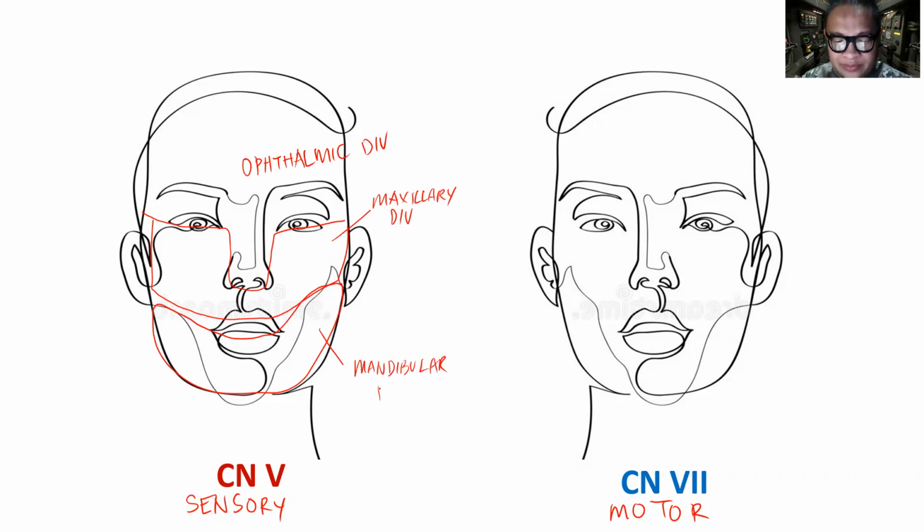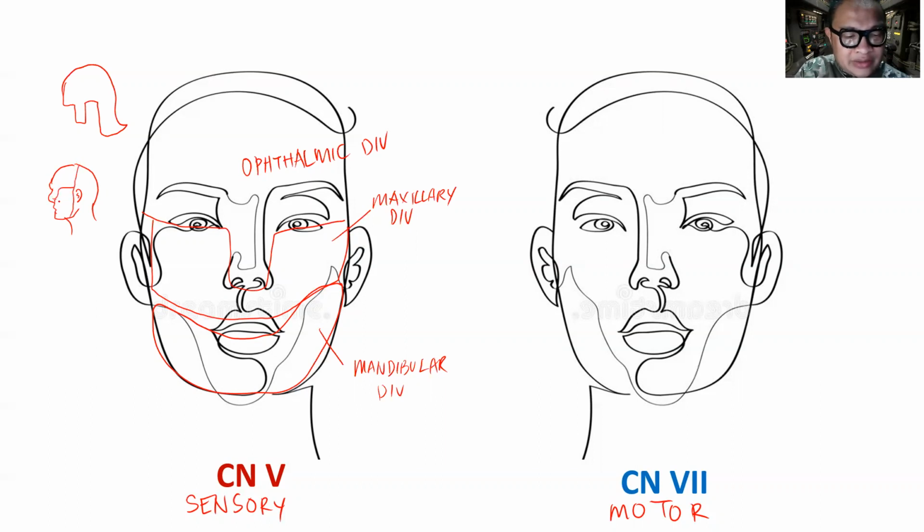Now, it's not so hard to remember. Just remember a medieval helmet. So that's the divisions there. Now, of course, if you look at the head from the side, your cranial nerve 5 is basically this part here.